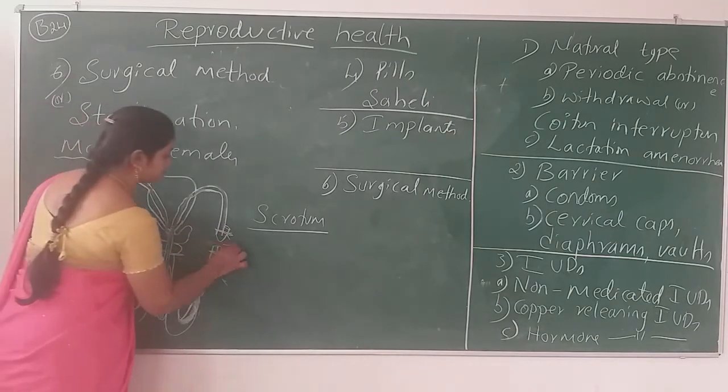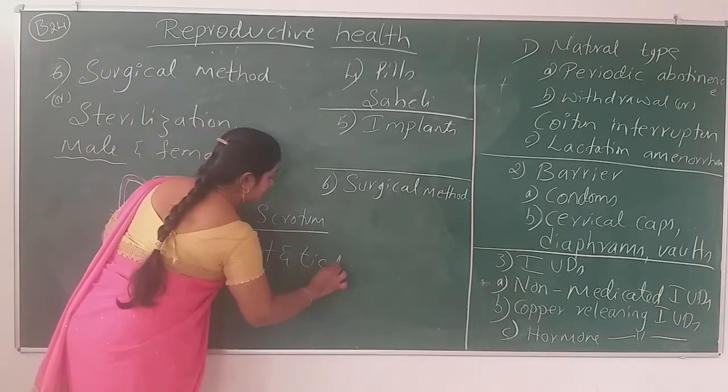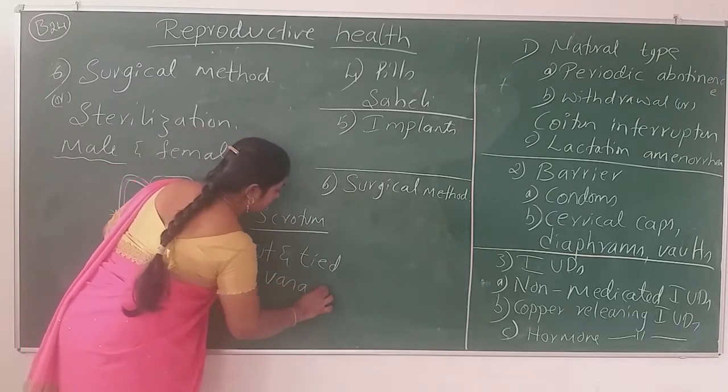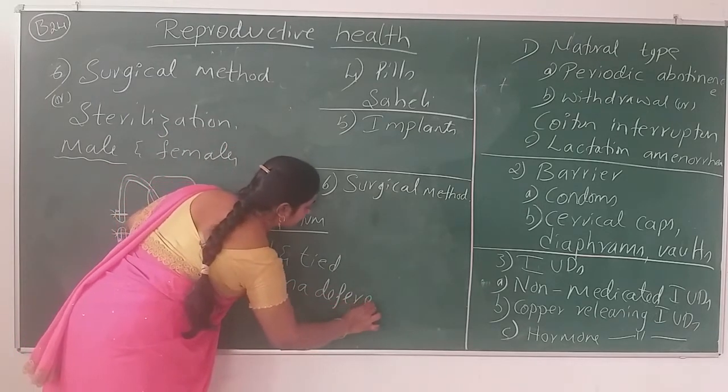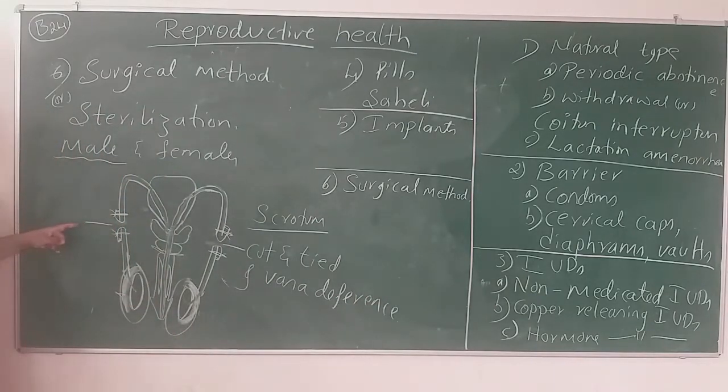Let me label this: cut and tied of vasa deferens, vasa deferentia. The same labeling you have to show here also. Cutting and ligation of vasa deferens, you can say.